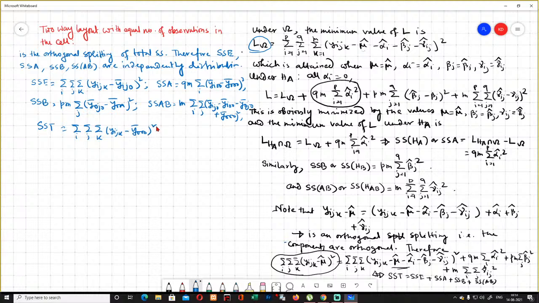So now we consider the test criterion and testing procedure.